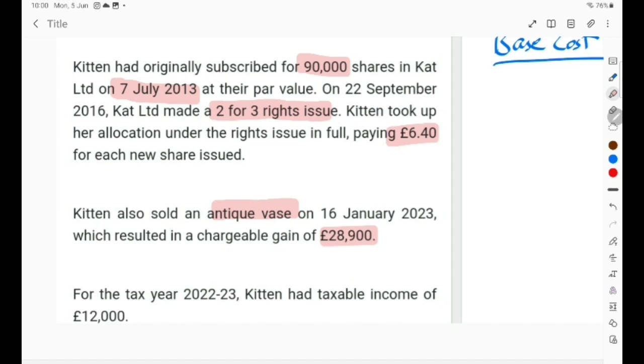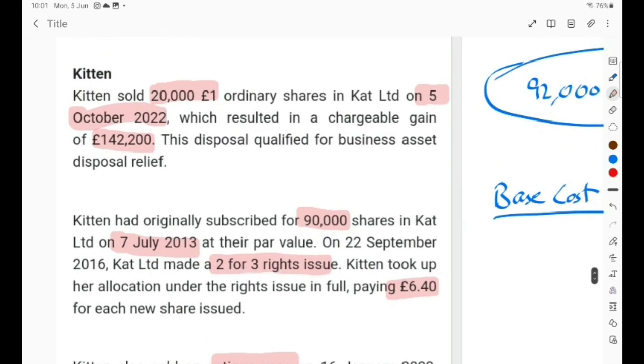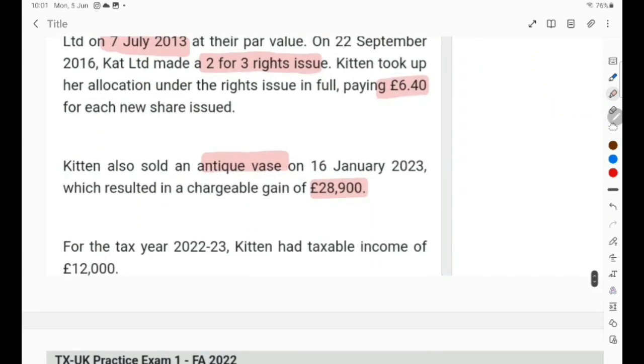But remember, that gain does not qualify for business asset disposal relief. While the chargeable gain of 1,42,200 on the ordinary shares does qualify for business asset disposal relief.